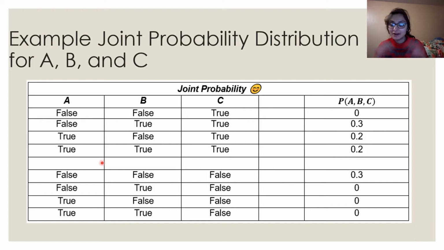The probability that all 3 are true is 20%. The probability that all 3 are false is 30%, 0.3. The probability that A is false, B is true, and C is false is 0. The probability that A is true, B is false, and C is false is 0. And the probability that A is true, B is true, and C is false is 0. So this is the example joint probability distribution for the A, B, and C Boolean random variables.